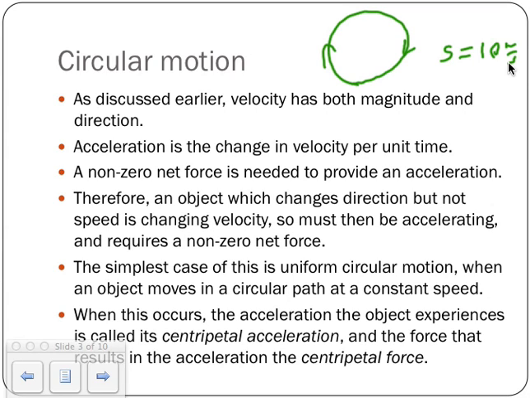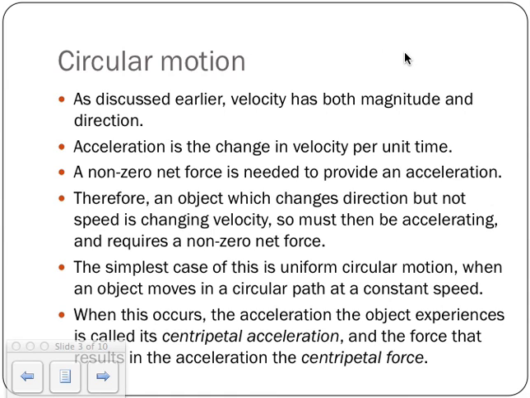The simplest case is the one we described right here. This is called uniform circular motion, when an object moves in a circular path at a constant speed. When this occurs, the acceleration that the object experiences is called a centripetal acceleration, and the force that results in that centripetal acceleration is called a centripetal force.